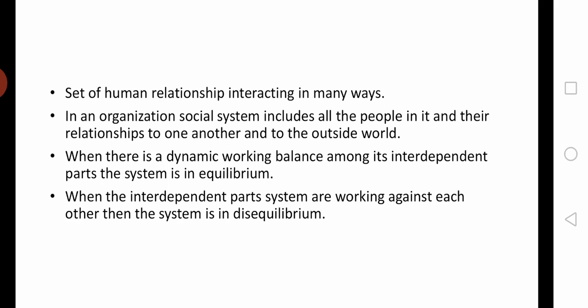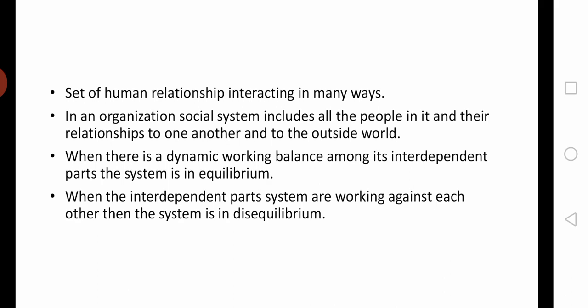And if these parts act against each other, that system is in a disequilibrium condition, and this strongly affects an organization. If the independent parts or the people are working in a balanced condition, the organization's growth will go high.